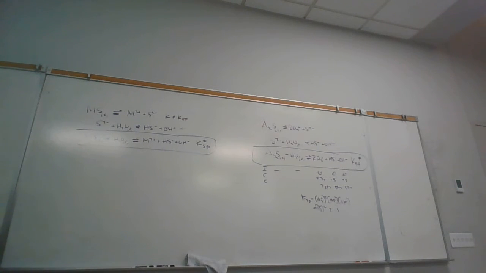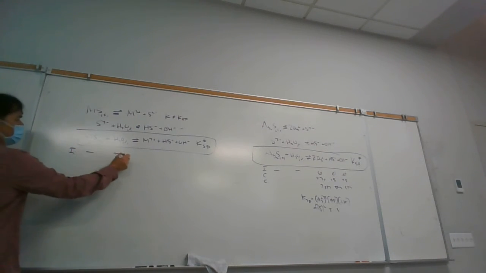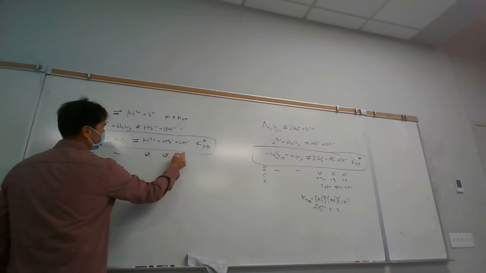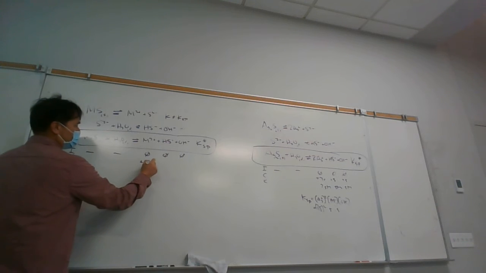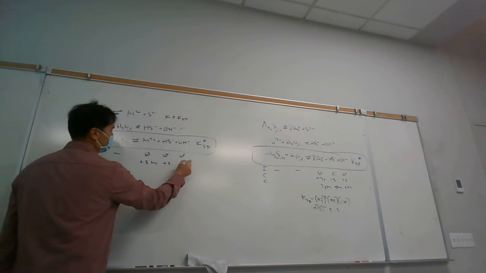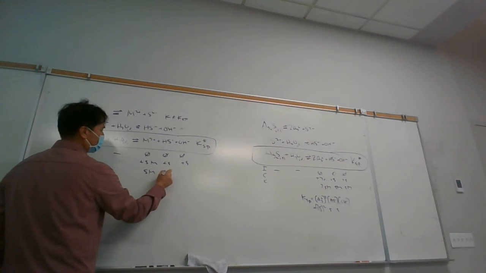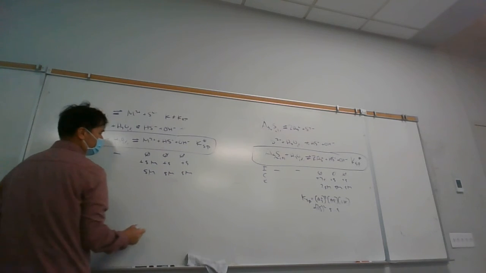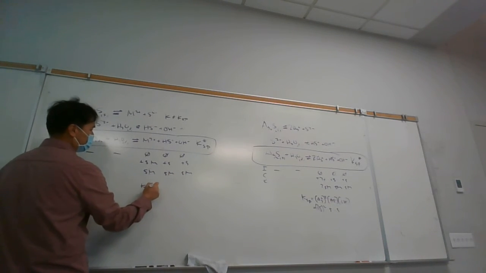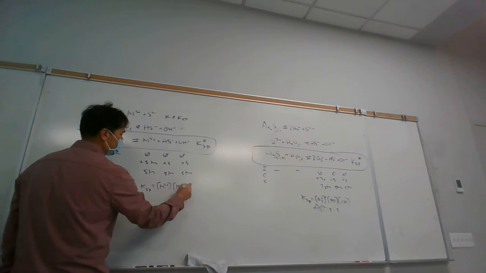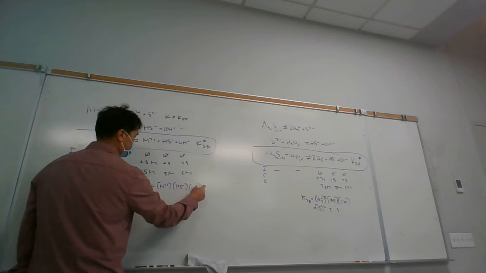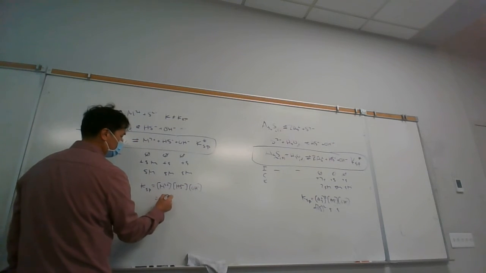Now, when we do the solubility for this one, it looks different. The initial will be 0, 0, and 0. The change in this case is going to be plus s, plus s, plus s. And so the KSP for this is equal to the M2 plus concentration times the HS minus concentration times the OH minus concentration, which is just going to be equal to s cubed.